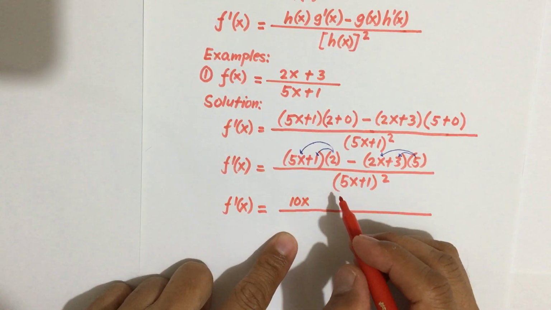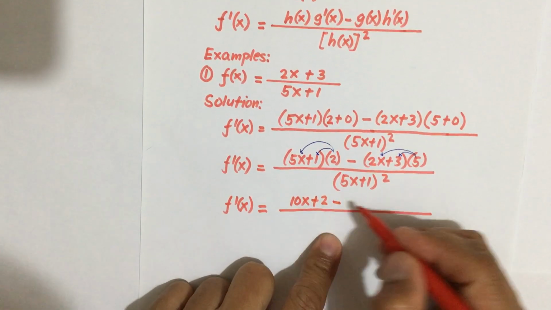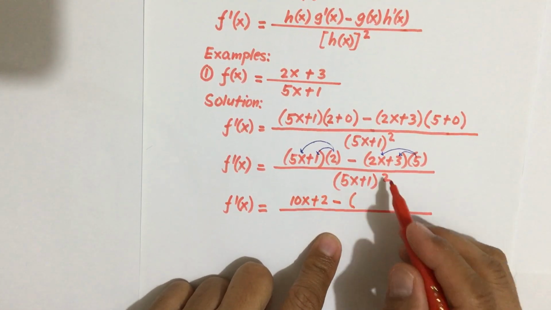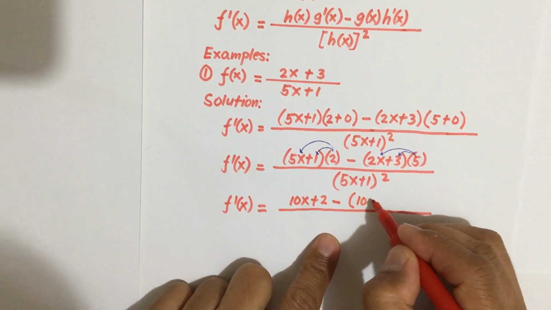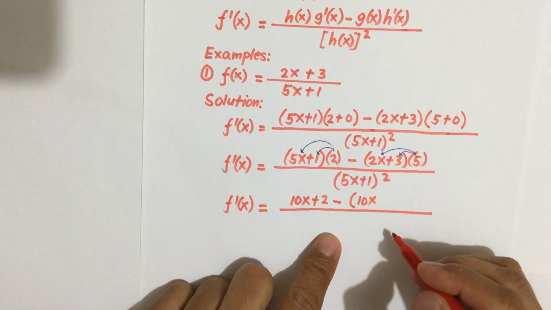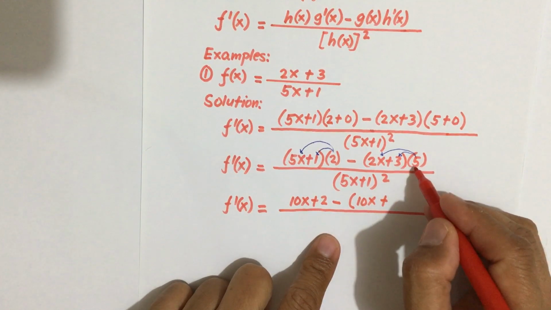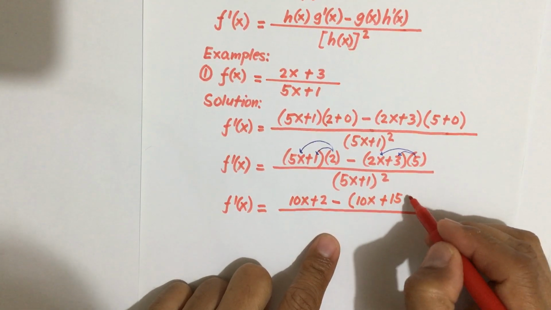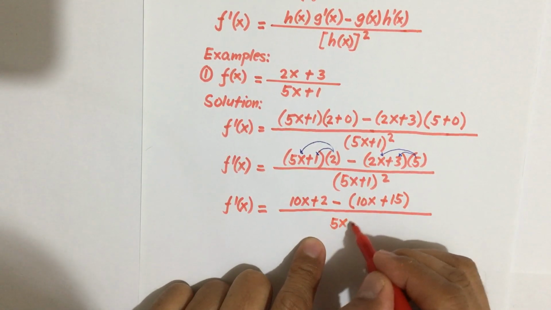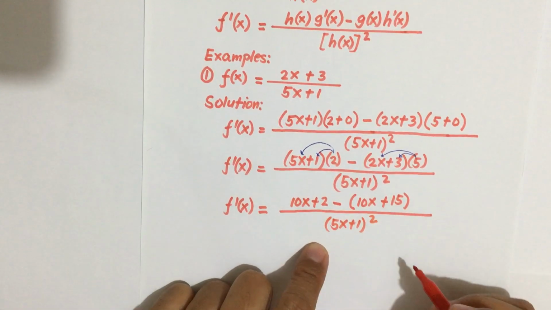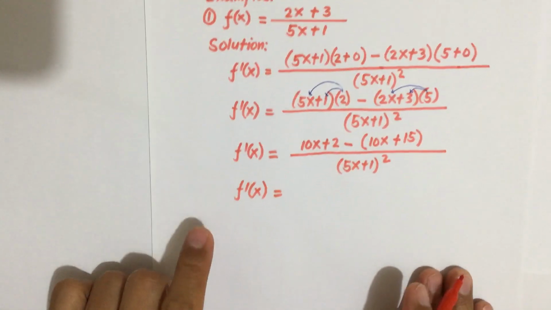Then 2 times 1 is 2, so plus 2. Then minus, don't remove yet the parenthesis. So we have 5 times 2x, this is also 10x. Then plus 5 times 3, which is 15. Then divided by 5x plus 1 squared.